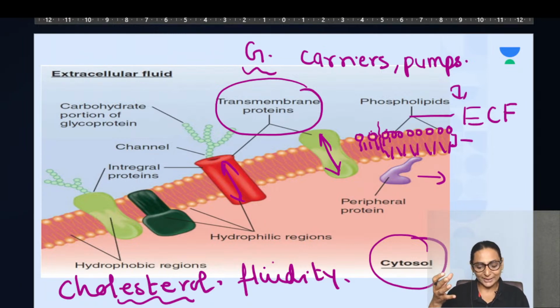Just imagine if you take butter and put it in the fridge, and then when you put that butter on your garam bread, what will happen? It will melt. So that kind of thing is needed if you want to maintain the fluidity. If you don't maintain the fluidity of the membrane, then the lateral diffusion of the proteins is hampered. So therefore, one of the very important functions is maintaining the fluidity, which is done by cholesterol.